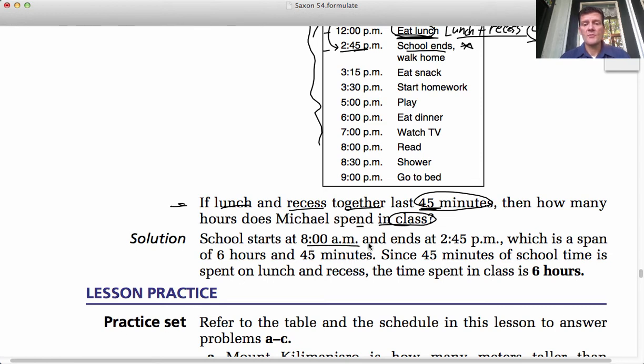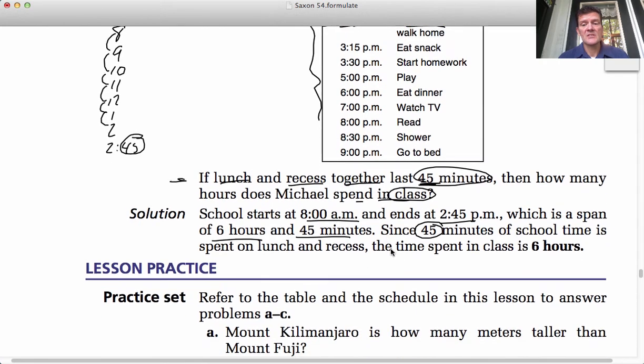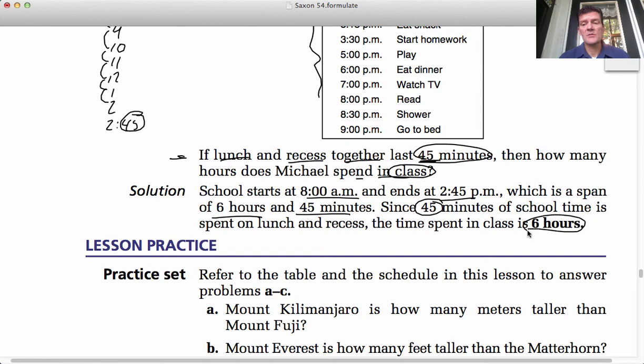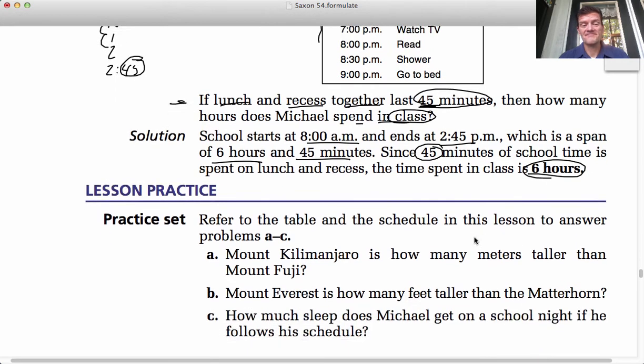Going from 8 a.m. to 2:45: 8, 9, 10, 11, noon, 1, 2, and then 2:45. That's 1, 2, 3, 4, 5, 6, and then 45 more minutes. That's how they get to 6 hours and 45 minutes. But we're going to subtract the 45 minutes of lunch and recess, so he's spending about 6 hours in class time. All right?